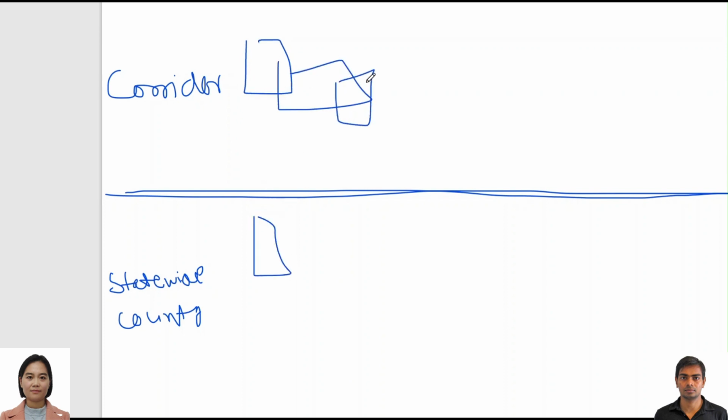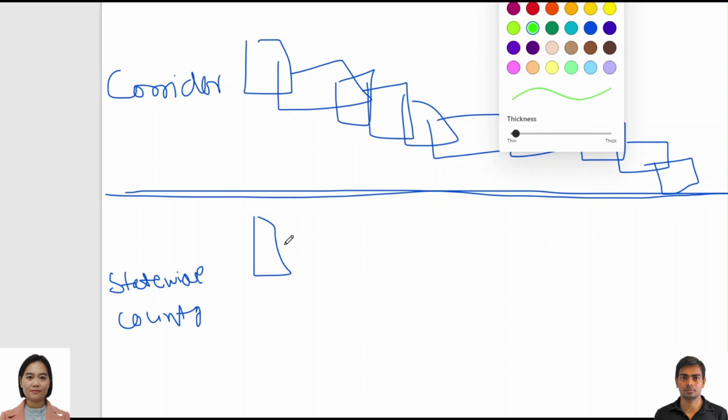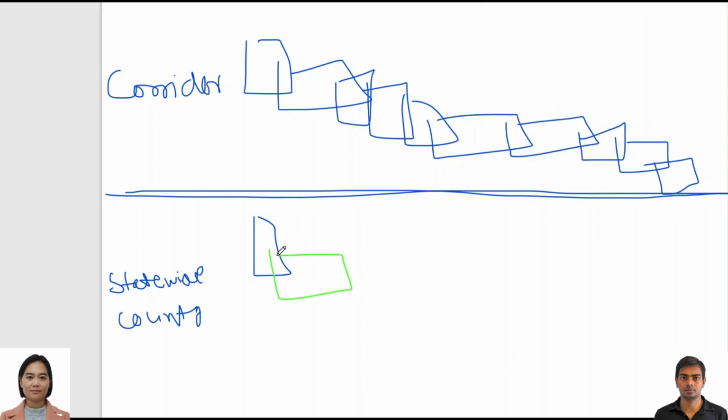Now we know that there will be hundreds of tables. Let me draw them out just to show how many tables and how much data we are playing with. So we have hundreds of tables here, and we are trying to compare them with the regional or the statewide tables, comparing each line from table 1 to each line in table 2.